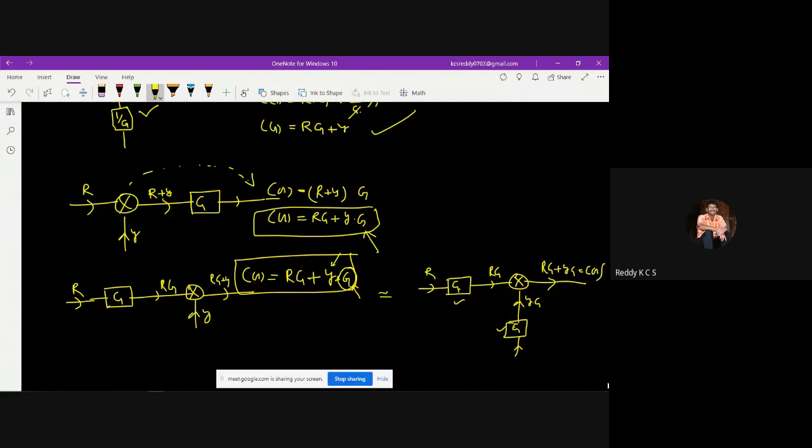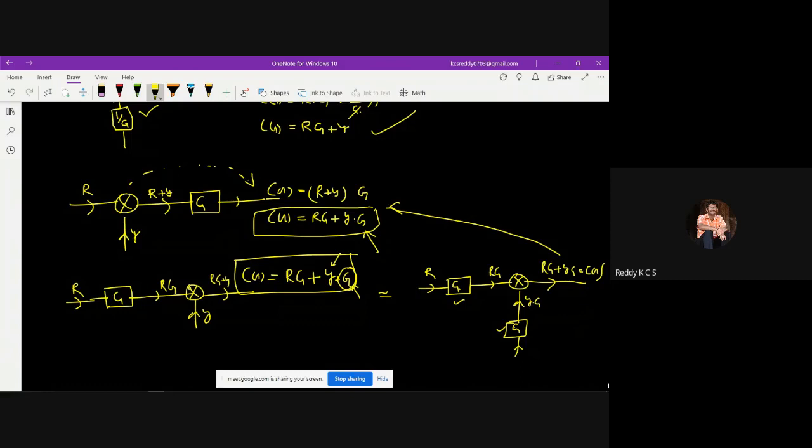So now what is the output of this? RG plus YG. What is the output of this? RG plus YG. So I have shifted the summing point without changing the output, and that is what is required. So what modification have we done? When I'm trying to shift the summing point beyond the block or after the block, I have to add a block with the same gain value over which I'm shifting.